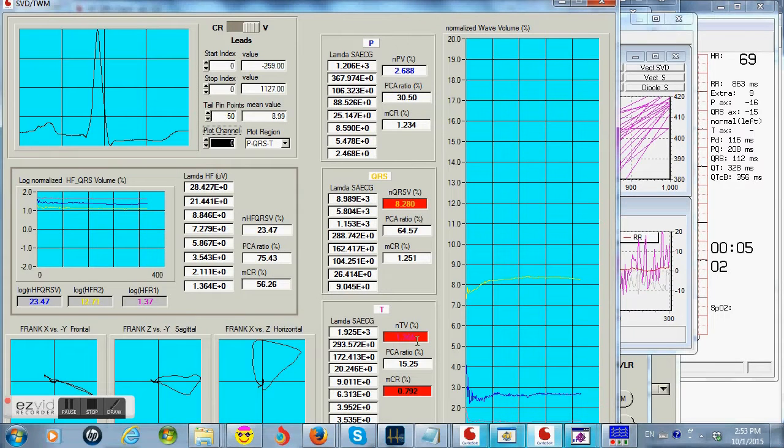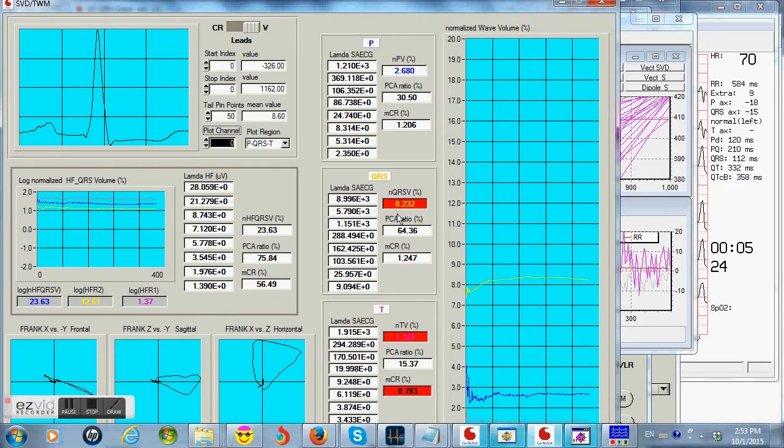Now let's go into the waveform complexity, and we see big values here as well. So we have very abnormal complexity in some of those non-dipolar values, probably worse than the last case. We're also dipping into some abnormality in the QRS wave complexity as well.